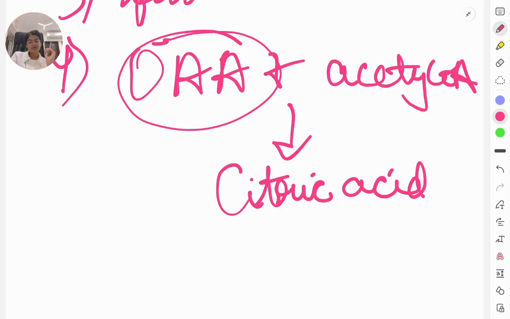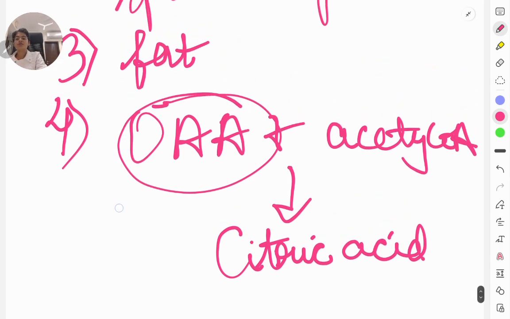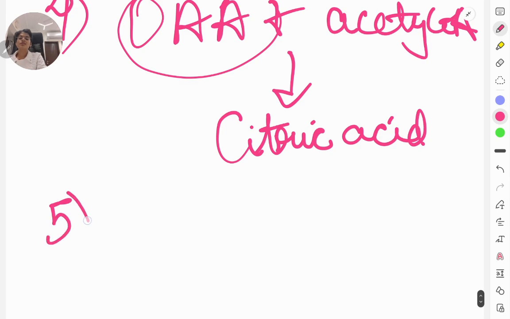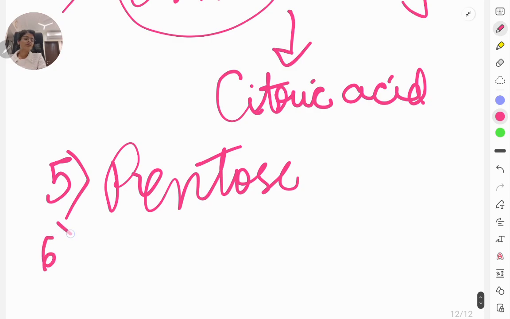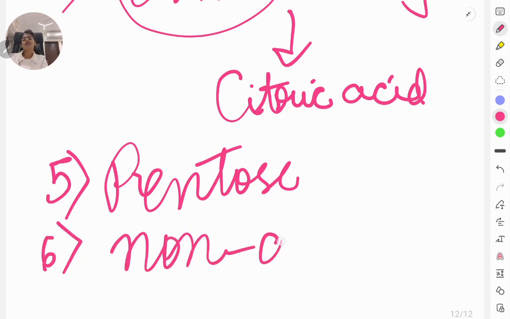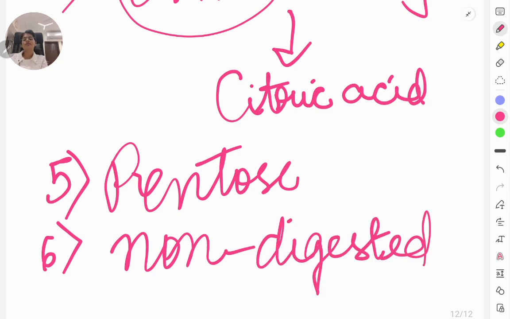Now it is also helping in the synthesis of pentose. Pentose is used many times, so pentose formation. And then the non-digestible part of it is used as roughage, like fibers.